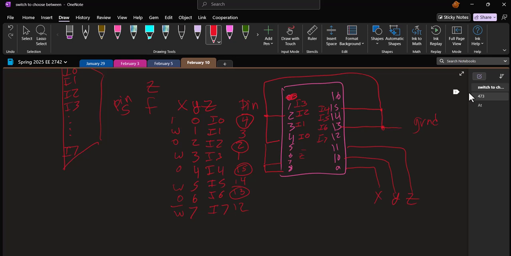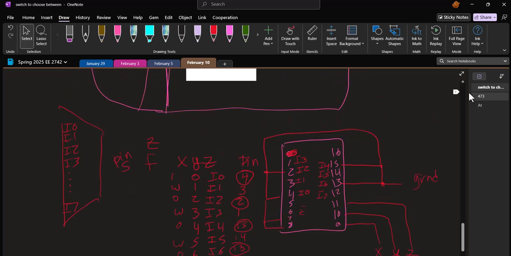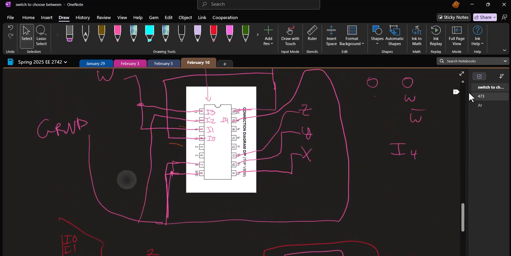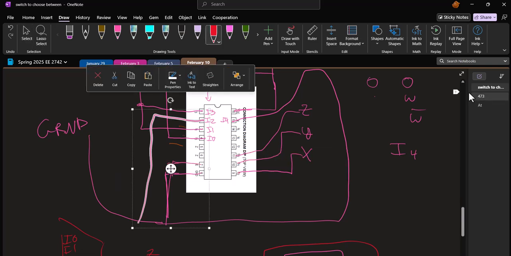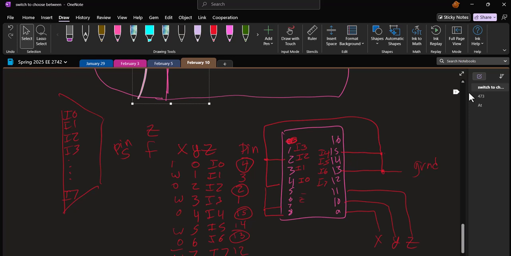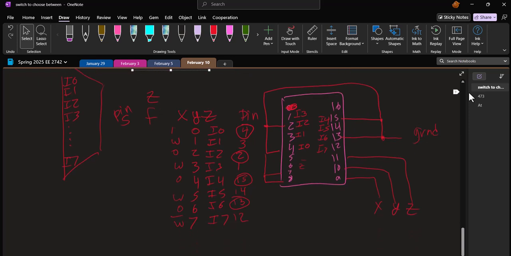What? I thought I0 is 1. How come I is 1? I don't think I0 is 1. I0 is 4. Pin 1 is I3. Or do you mean the value that's going into it?